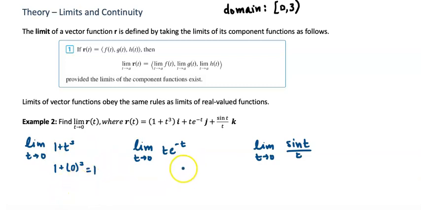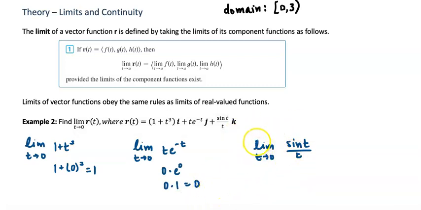For the limit of the second component, when I plug 0 in for t, I get 0 times e to the power of negative 0, which is 0. I know e to the power of 0 is 1, and I know 0 times 1 is just 0. So the limit of that second component is 0.